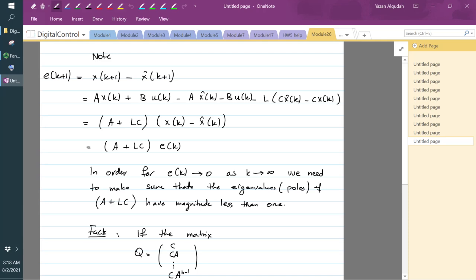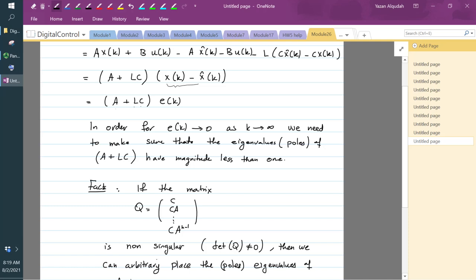I can put the terms together: e of k plus 1 is equal to A plus LC multiplied by x of k minus x tilde. But this is nothing other than the error signal. So e of k plus 1 is equal to A plus L multiplied by C multiplied by e of k.